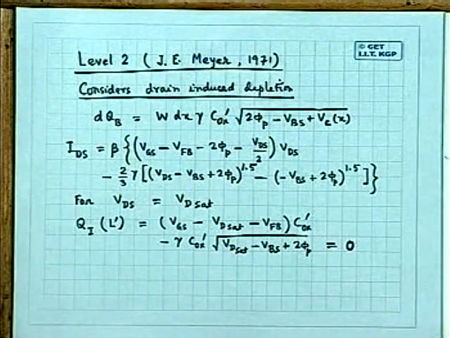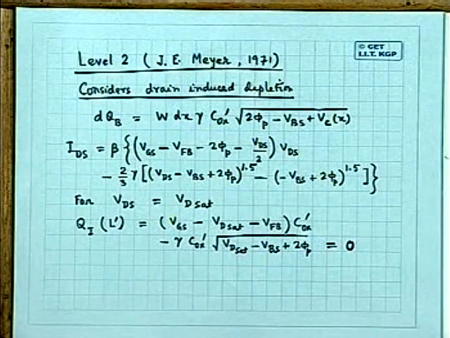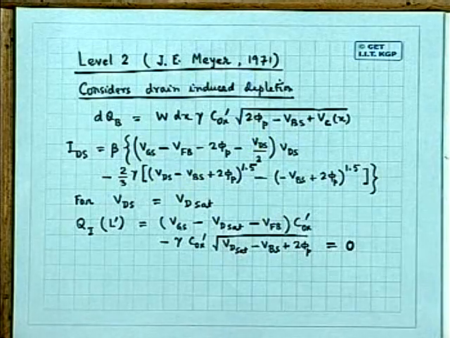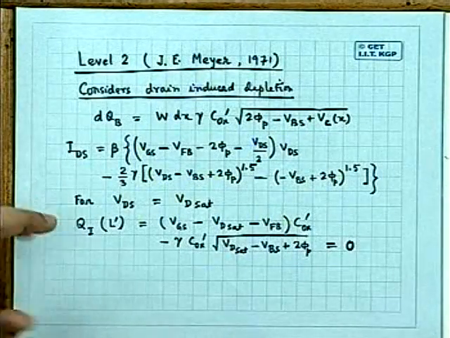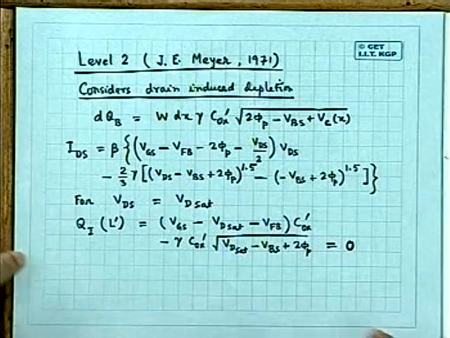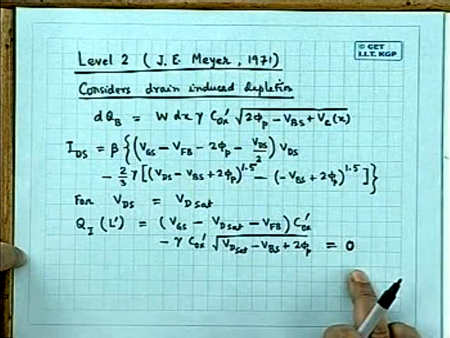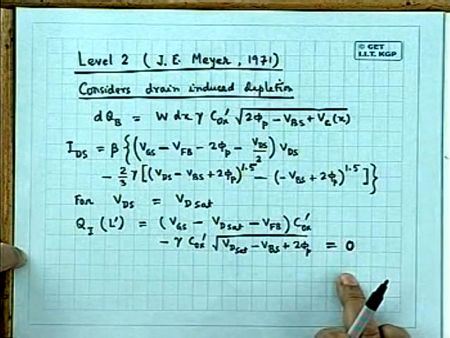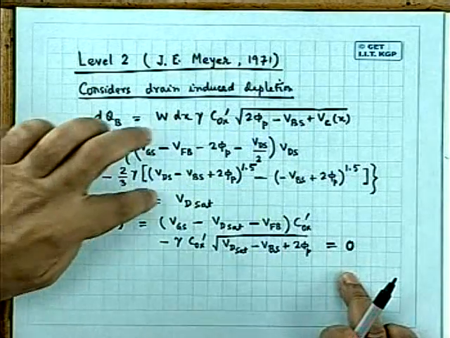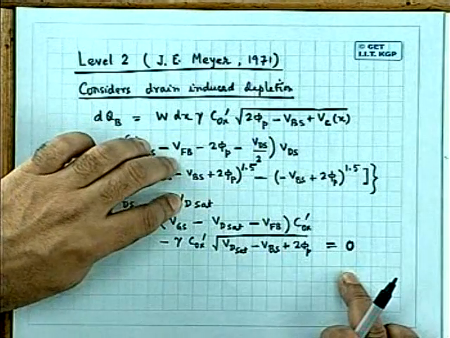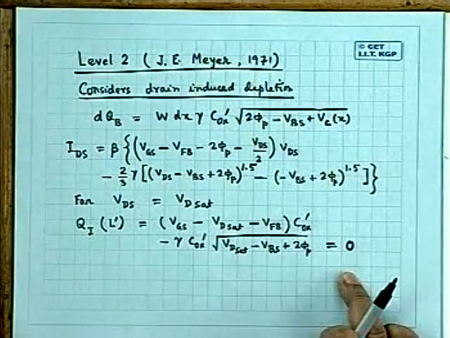This was my presumption. I said that Qi at the drain end should be 0 at pinch-off, that means at the onset of saturation. That is how saturation voltage was defined here, as compared to the first case.